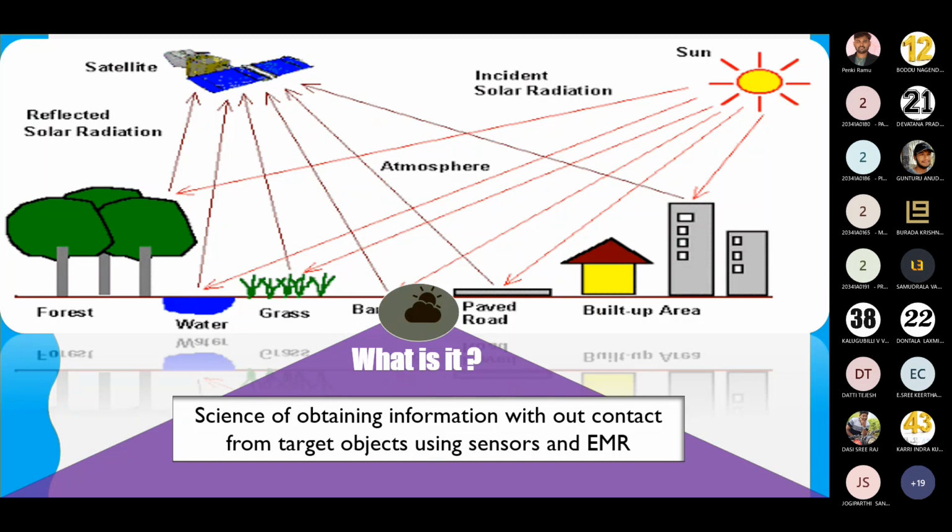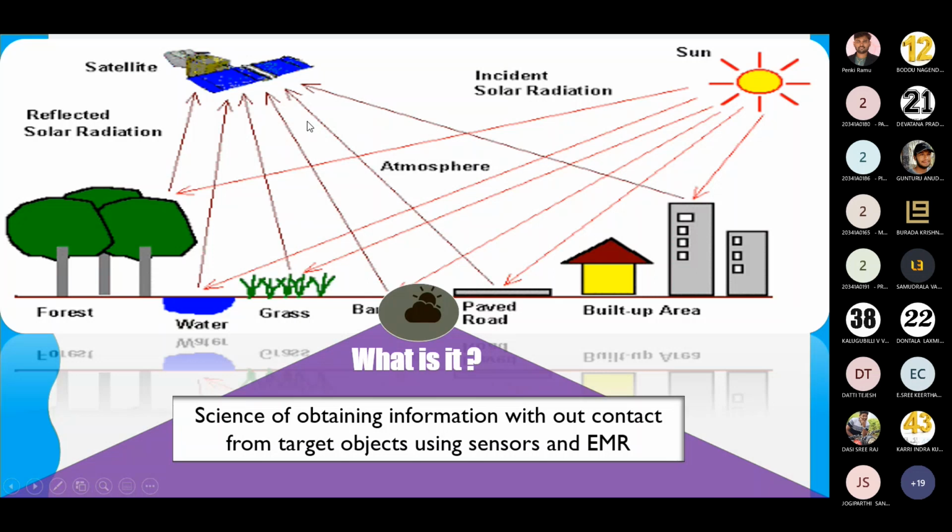To simply put it in a definition, it is a science of obtaining information without getting into contact with any of the target objects using sensors and electromagnetic radiation. Here one doesn't need to come to this location where the road is present.